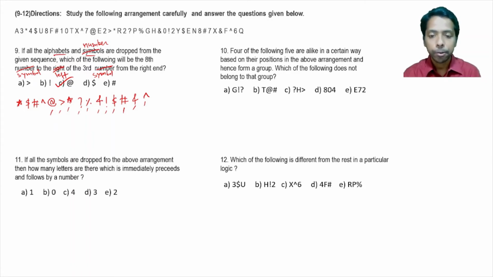The number. Then 8 1 2 3. Okay, 8 here also. 8 1 2 3. So 0 and this is 4, right?